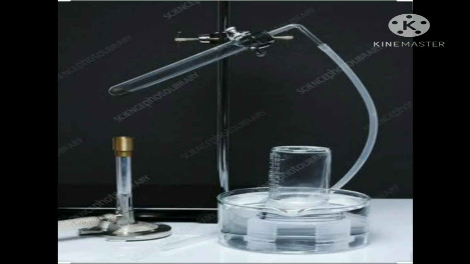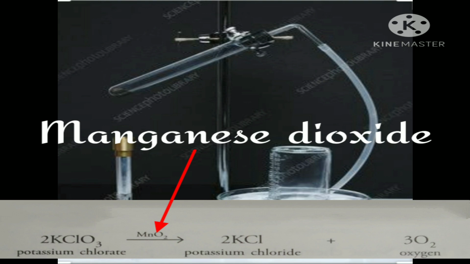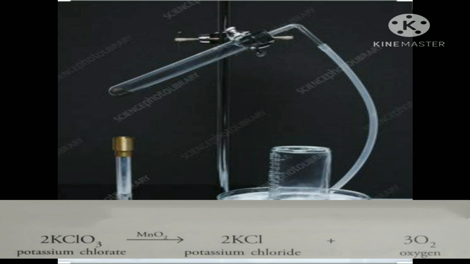Let's see an example of a chemical reaction where a catalyst is required. Potassium chlorate decomposes to give potassium chloride and oxygen. But in this case, if a catalyst, manganese dioxide MnO2, is added, then the reaction will be faster. See the equation, MnO2 has not formed anything.